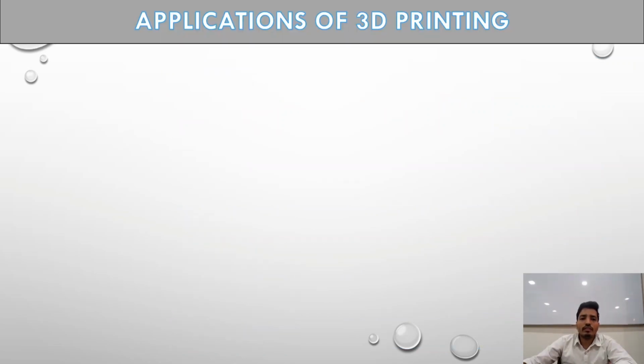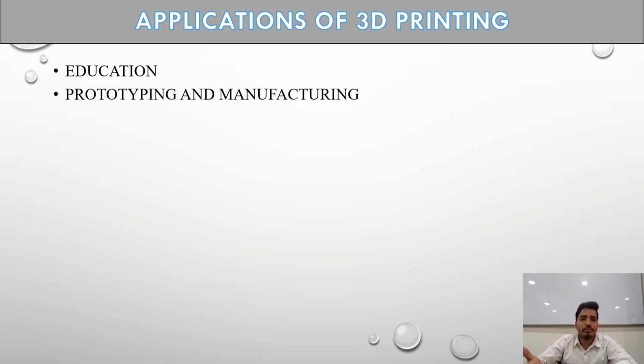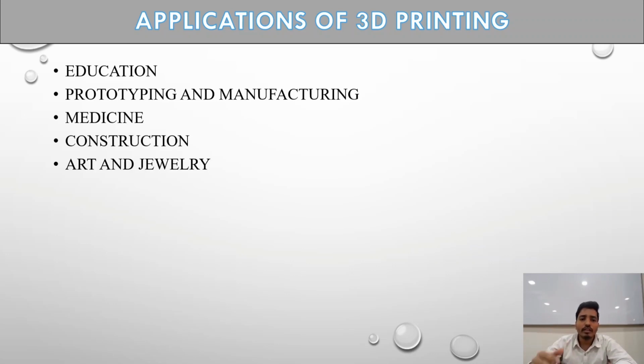Now the final topic: we'll study the applications of 3D printing. There are n numbers of applications of 3D printing, starting from education, prototyping, manufacturing, making cars, designing anything, huge applications, the medicine industry. Then construction, where entire buildings are now constructed using 3D printing technology. Art and jewelry are designed using 3D printing.